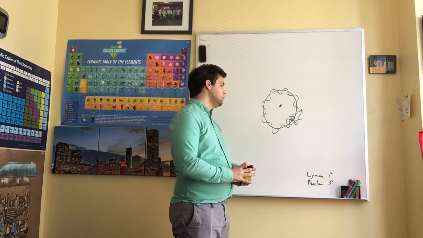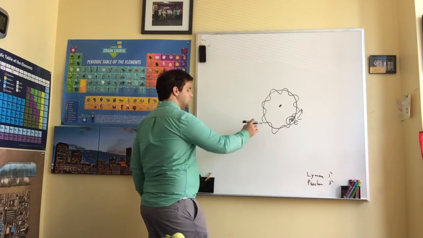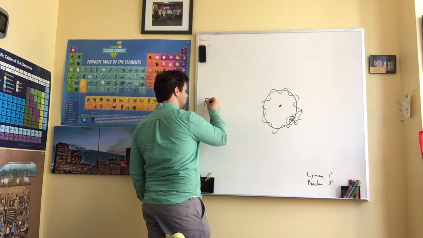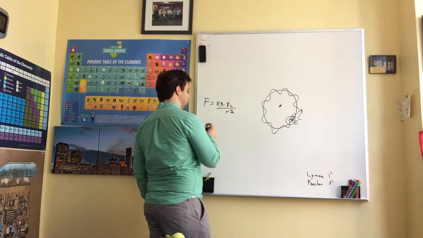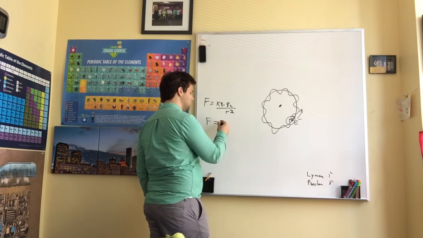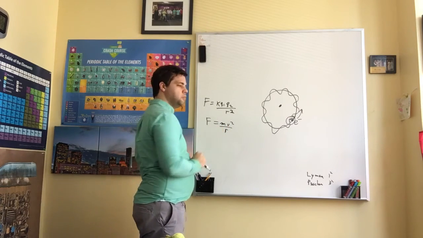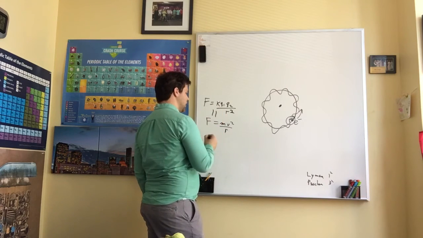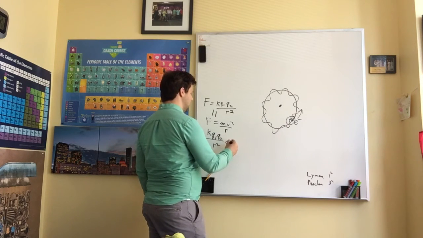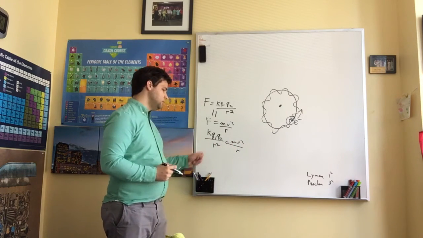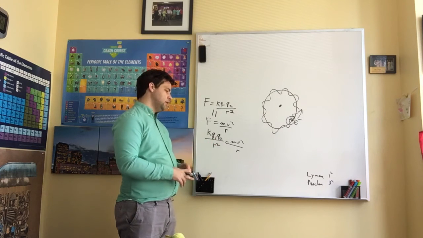The other thing is, if you think of the force, the force is equal to K times Q1 times Q2 divided by R squared, that's Coulomb's law, and the centripetal force is F is equal to mass times V squared over R. If you just substitute in the relationship for centripetal acceleration, V squared over R, for A, and if you set these equal to one another, then you can find a relationship, if you work at it, that will tell you what radii work to make these equal.